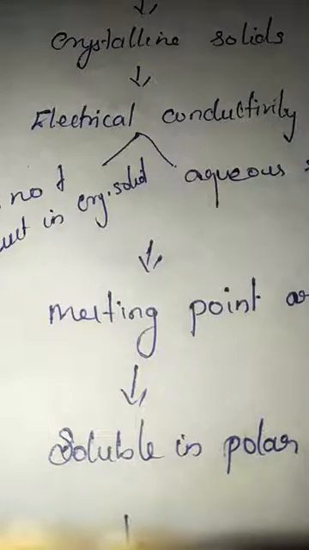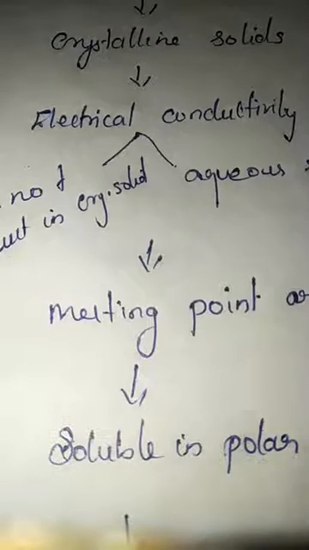So it needs a lot of heat energy. The melting point as well as boiling point is relatively high when compared to the other two. Which one is relatively high? The ionic bond's melting point is relatively high.